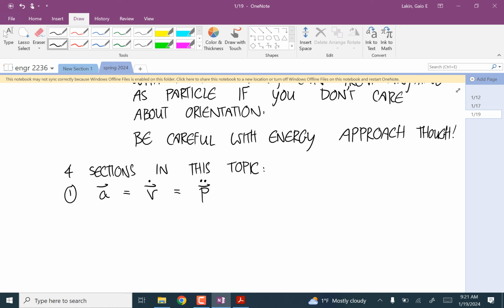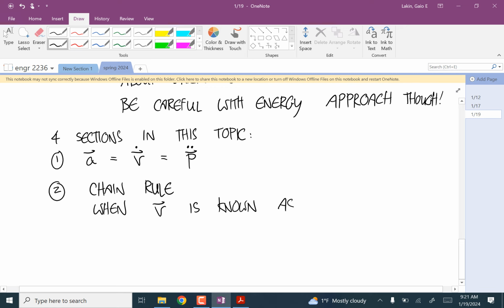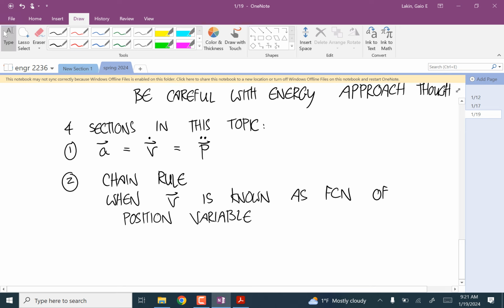Okay, so the first section is this derivative relationship. The second section is a chain rule approach. And we'll use that when the velocity vector is known as a function of a position variable. The third one is relative motion.